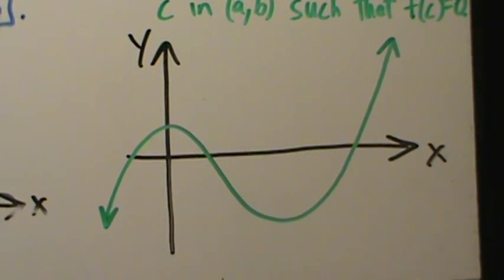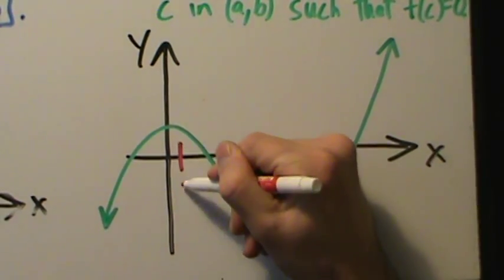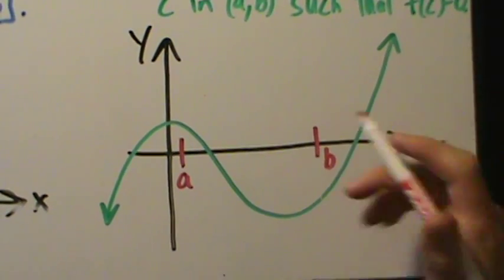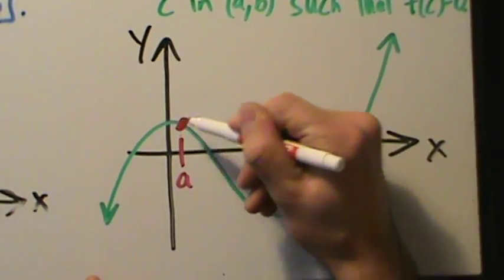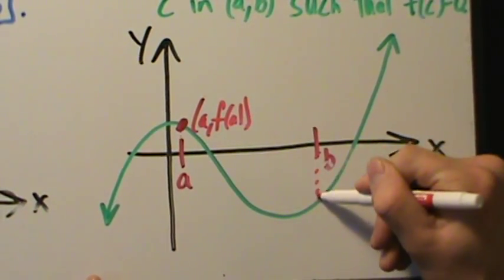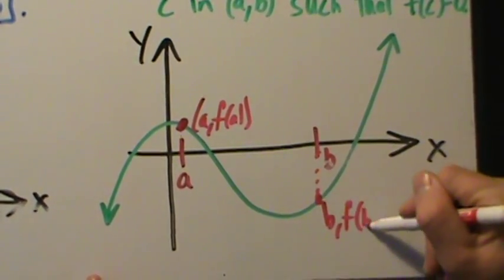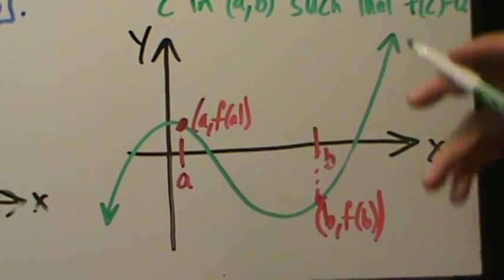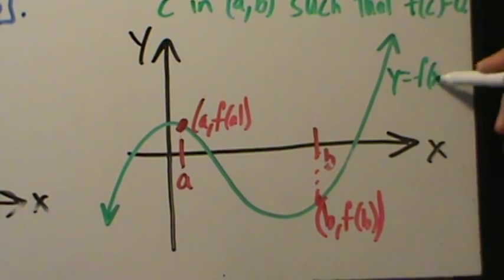So let's go ahead and put A right here, and we'll put B over here. Okay, so here's A and here's B. So here is f of A, right? Here's A comma f of A. And here is B comma f of B. Oh, and I forgot to label the function, but the function is y equals f of x.